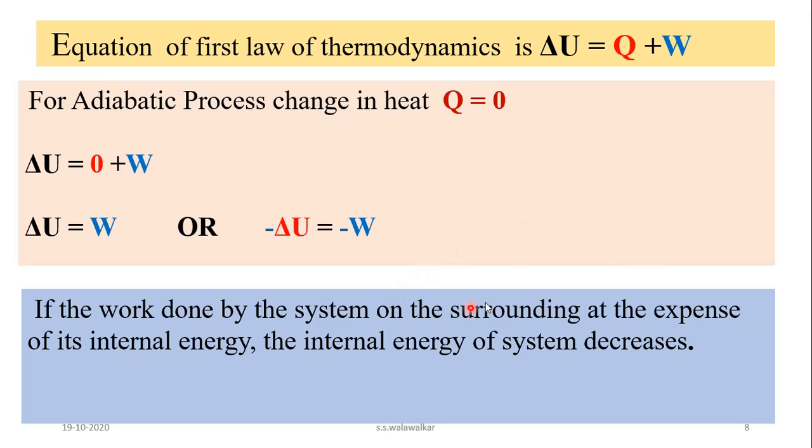So for expansion, the internal energy is utilized. Internal energy decreases and system does work on the surrounding, or expansion type of work takes place. So here minus delta U is equal to minus W.